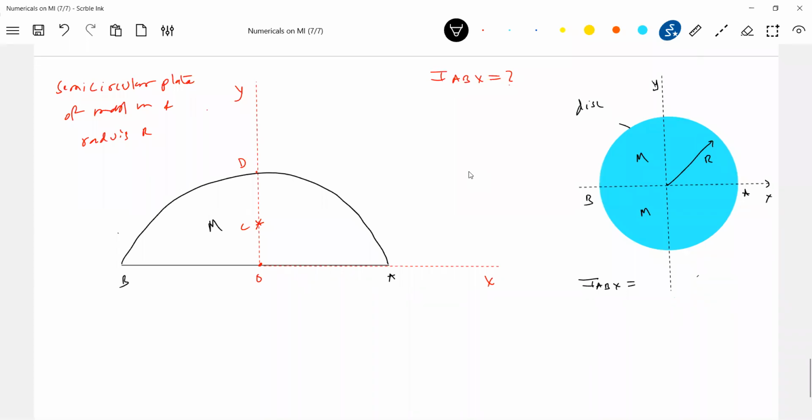So this will be I_ABX or I_CDY. Let me, I think this is not needed, you'll get confused. Now I_ABX is equal to Mr squared by 4, that is 2 Mr squared by 4.